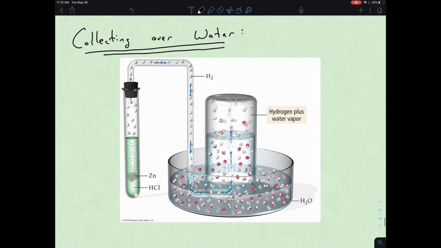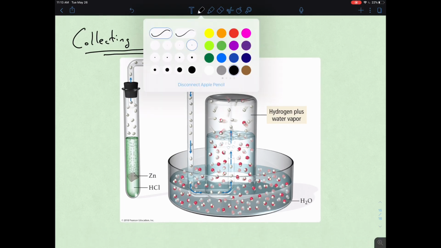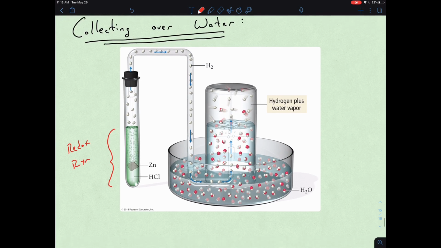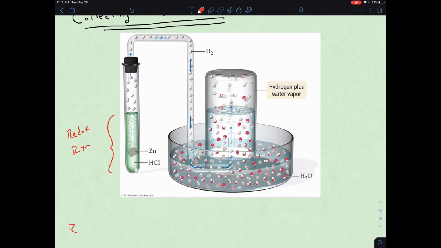So if we look at this experiment on the left here, we have our redox reaction that's occurring. The zinc here is actually undergoing an oxidation. It's becoming +2.